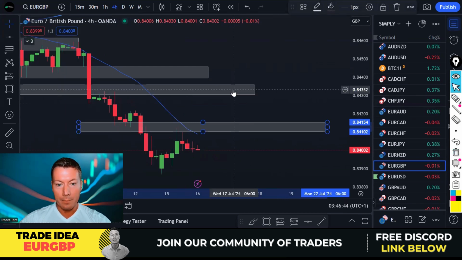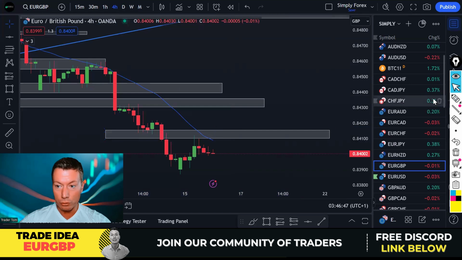Yesterday, price retraced into that grey zone, we got a bearish reaction and I entered. What we want to see today is potentially a retrace back into this level, and then we get a bearish reaction. We can start selling from there. I would take profit back at these lows, leave some profit to run.